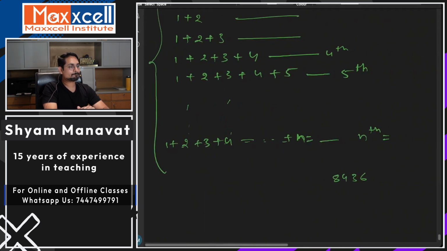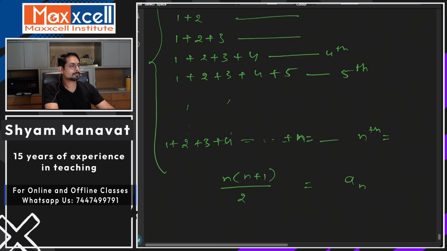This 8436 is the sum of all, it's not only the nth term, nth layer. So on the nth layer, the number of balls you should be having is n times n plus 1 by 2. Or let me call this the nth term.